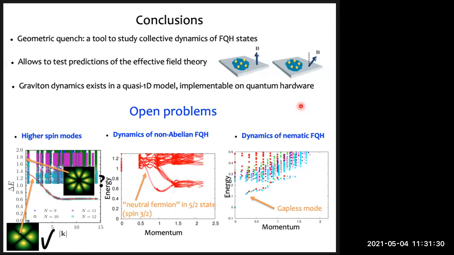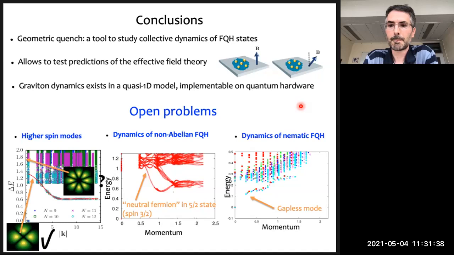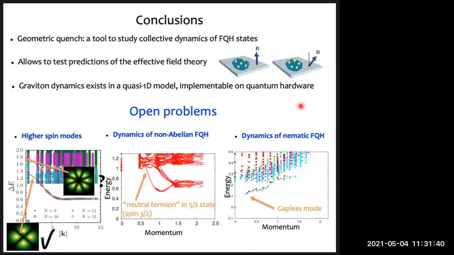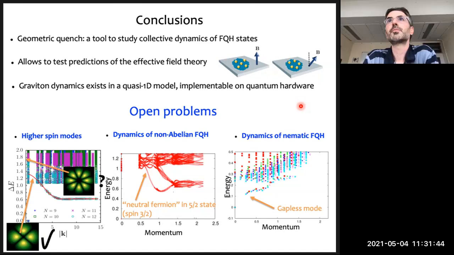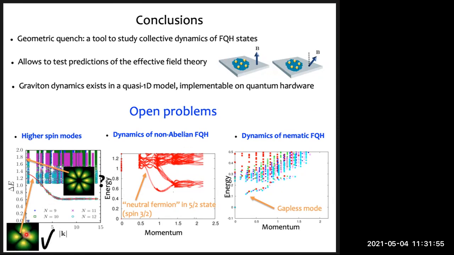You show that you have the spin 4 excitation here. Is this correct? Yeah. Can you think of the spin 4 as a combination of two spin 2? Well, I don't think so, because the energy at which it appears is not just double of this. No, because you can have the interaction.